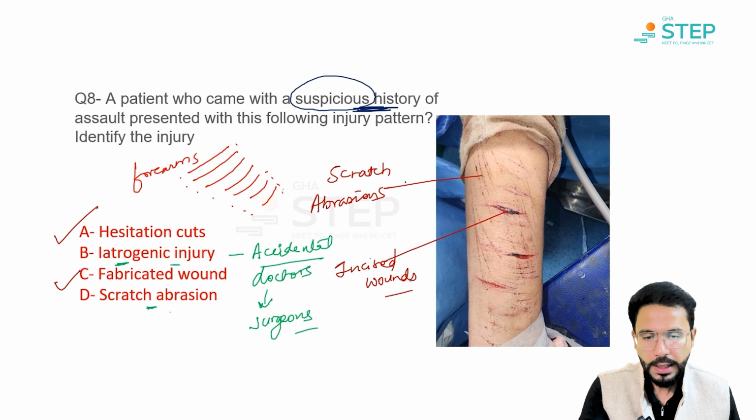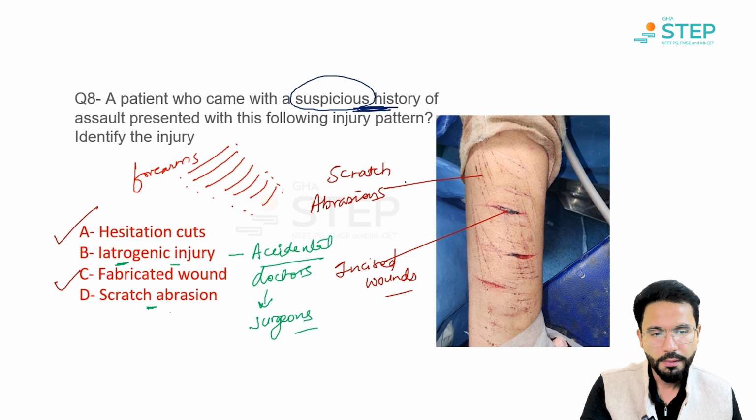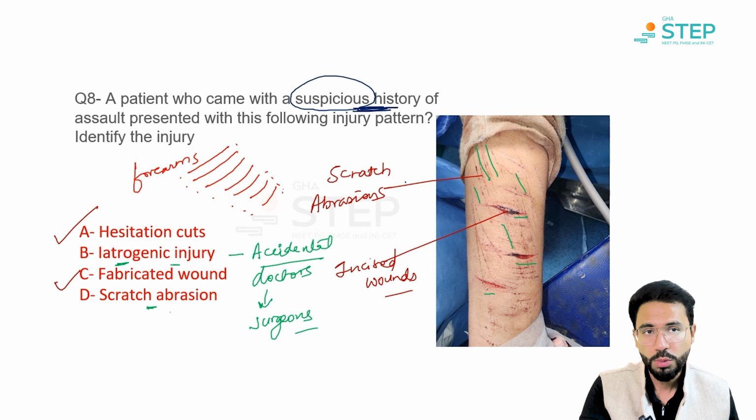Okay, now fabricated wound, why have we included it here? Because we see two types of injuries over here. We find random haphazard scratch marks, scratch abrasions, and incised wounds over the top. So this is a fabricated wound, where the person will present with a history of assault by a sharp weapon, but you also see that the person has been abraded by some blunt force, and the sharp weapon injury is made over the top of it.